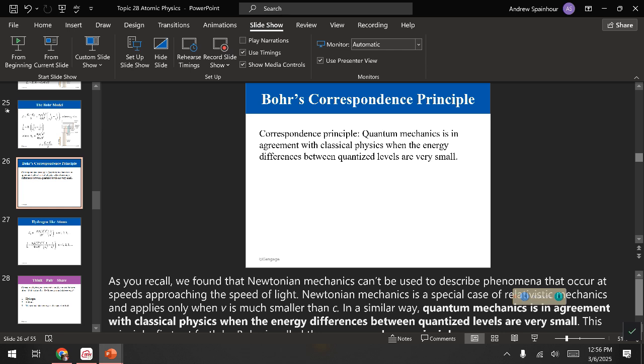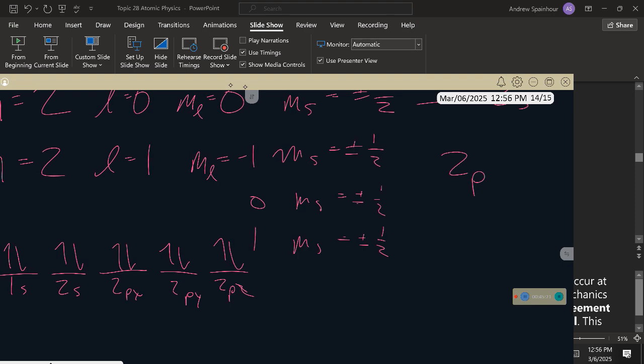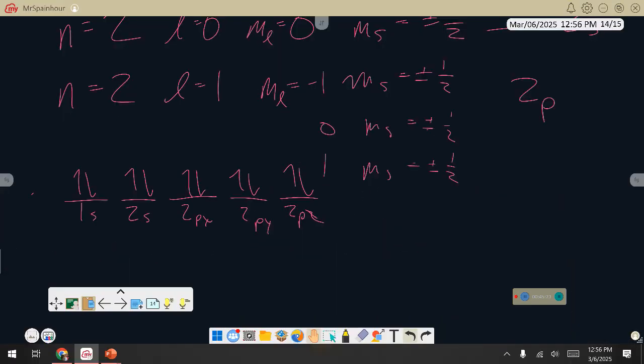So essentially, we can treat these particles as though they are a particle. You can kind of think of it like this. You can think of an electron sort of like a pulse wave.